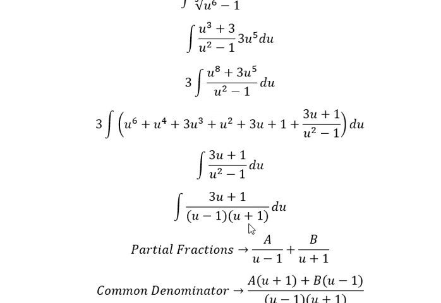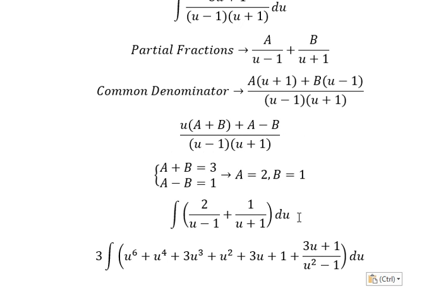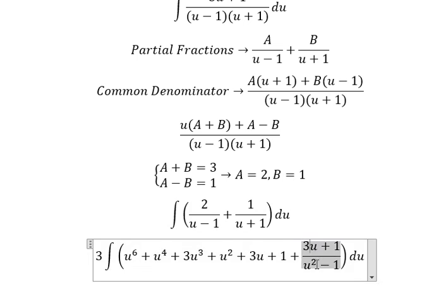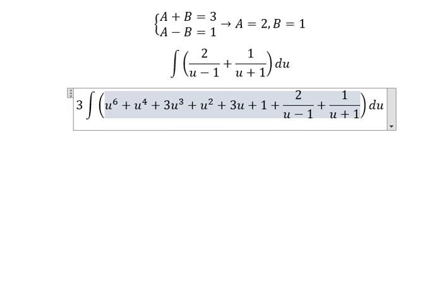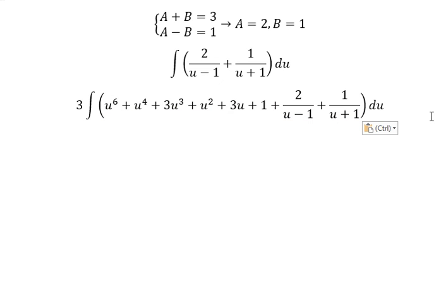Now we return back to this one. So we put this one in here. And now we have the final answer. The integration of u to the power of 6, we have u to the power of 7 over 7. The next one is u to the power of 5 over 5.